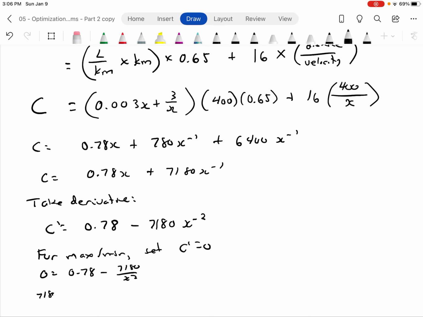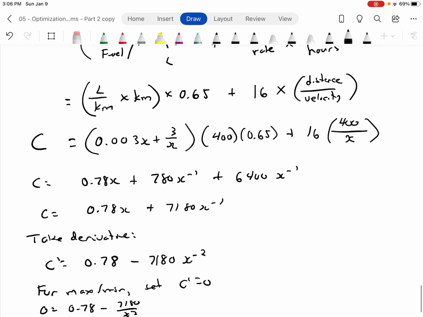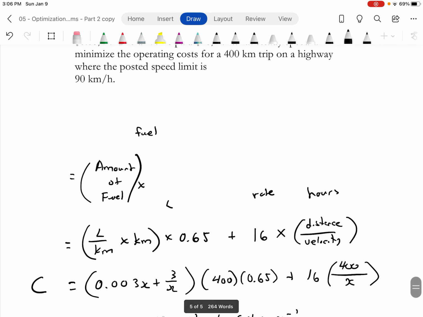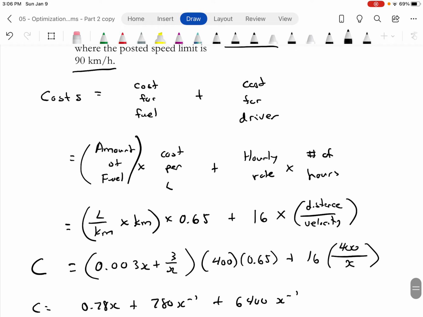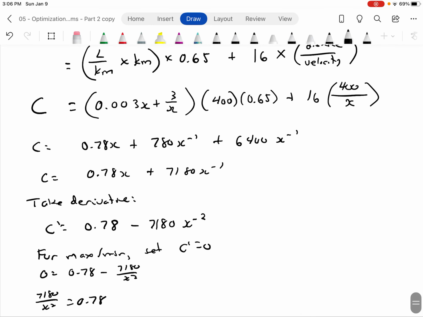I'll bring that over: 7180 over x squared equals 0.78. Now we'll see if I can fit all this in here. 0.78x squared equals 7180. Bring the 0.78 over and square root it. I get x equals the square root of 7180 over 0.78.